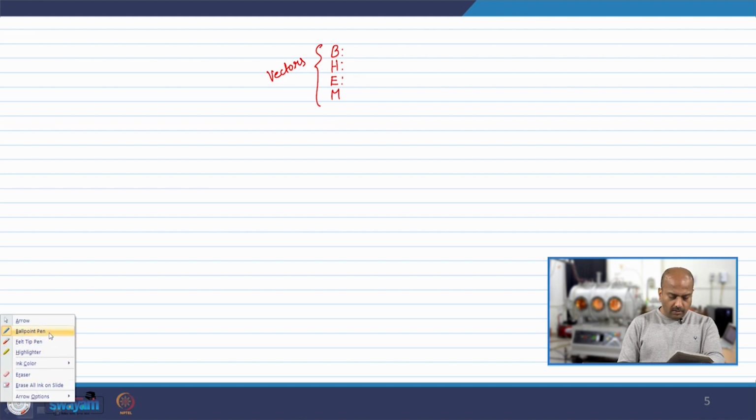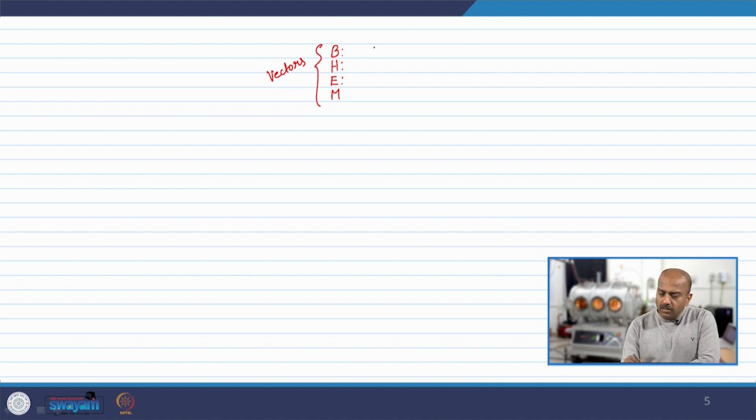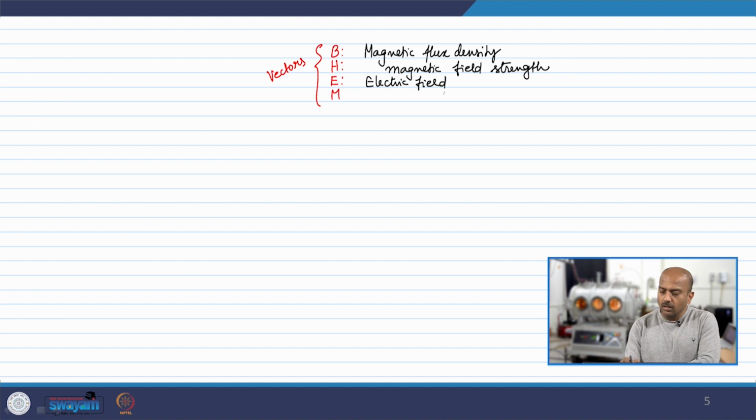There are various names to these vector quantities. Capital B is magnetic flux density. Capital H is the externally applied magnetic field, or we can also call it the magnetic field strength. Capital E is the electric field and capital M is the magnetization.